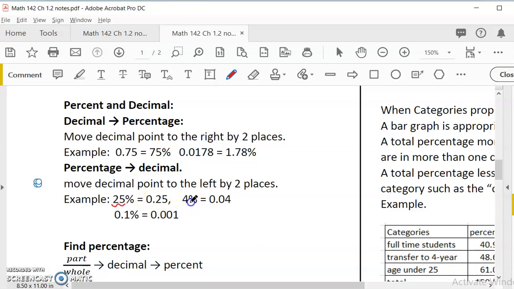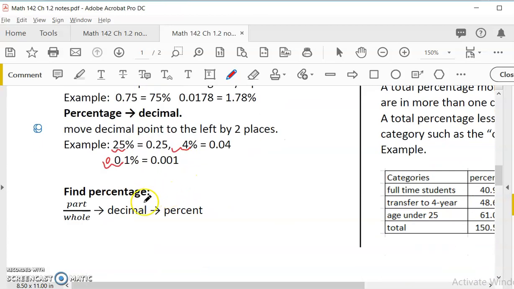If it's 4%, then I do 1, 2, so I insert a 0 here, 0.04. If it's less than 1%, like point something of a percent, I would still move 2 places. So the one that I had before is 0.001%, which becomes 0.00001. After you change it to the real decimal, you take off the percent sign.